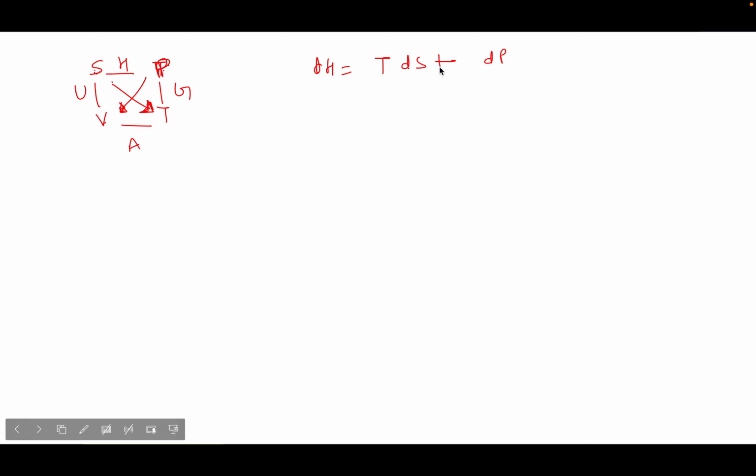So this is VdP. For dG, this is equal to dP and dT. From P we are going to V, and the arrow is towards V only. From T we are going to S and the arrow is not toward S, so it is minus.